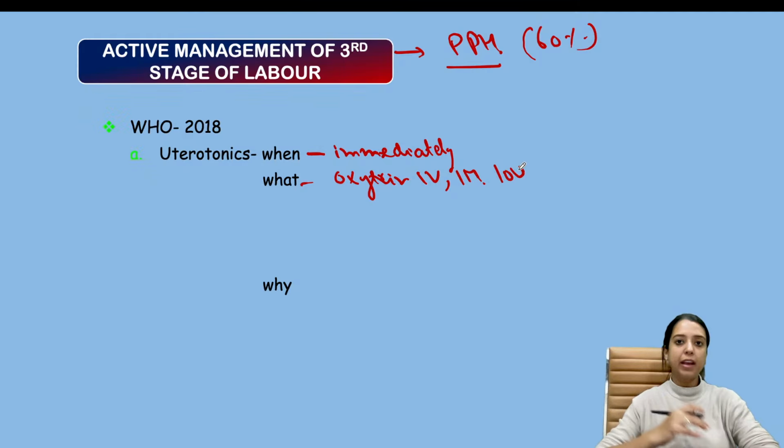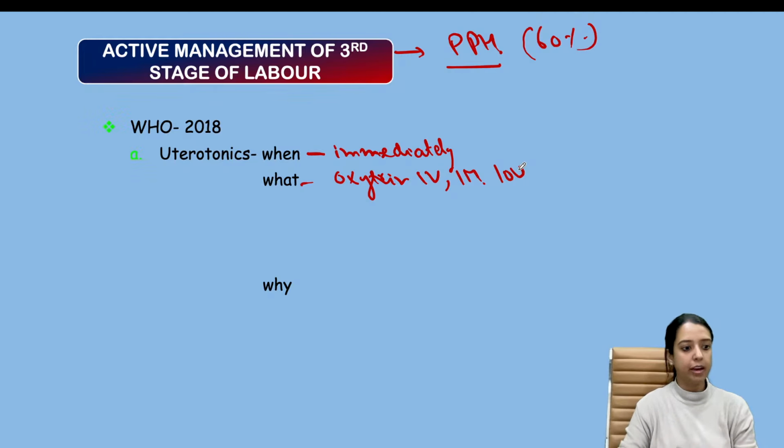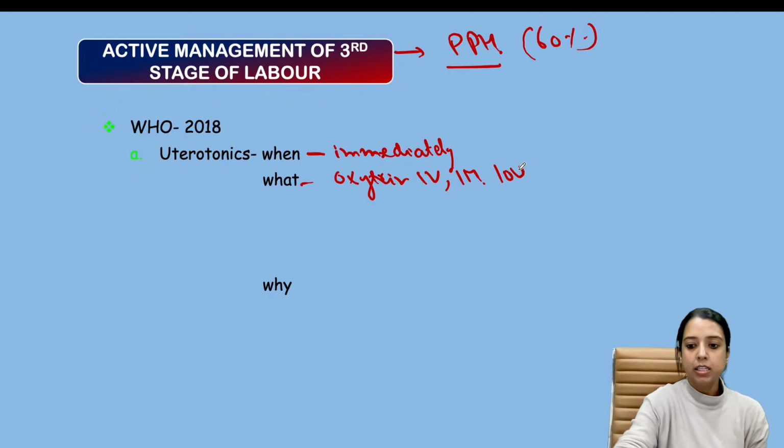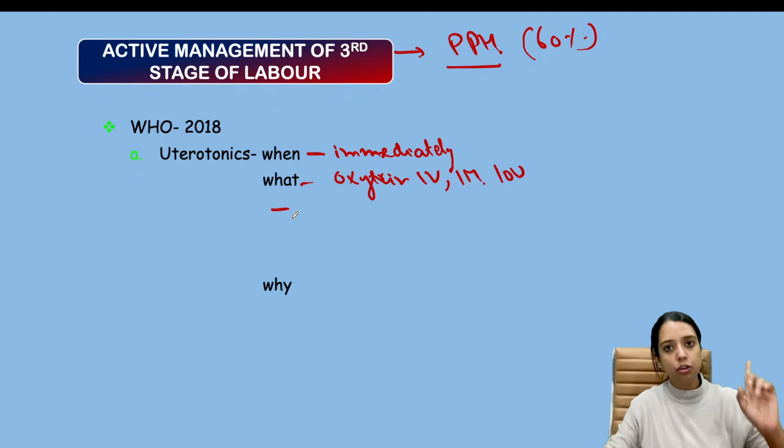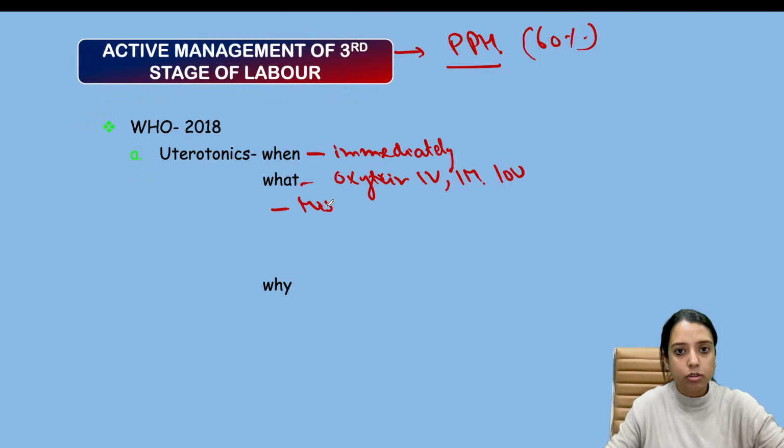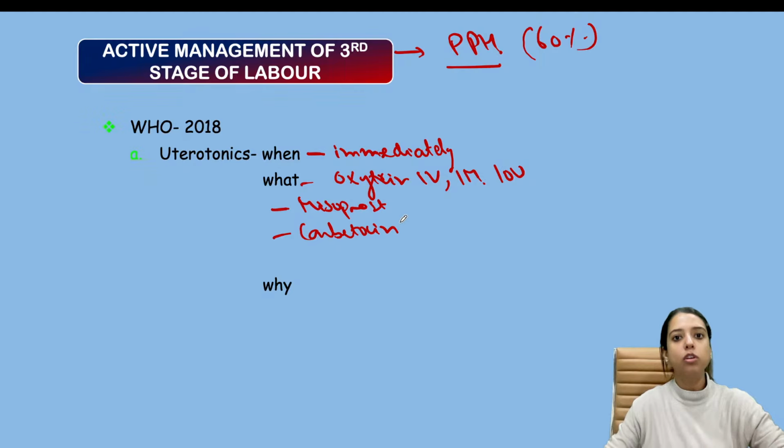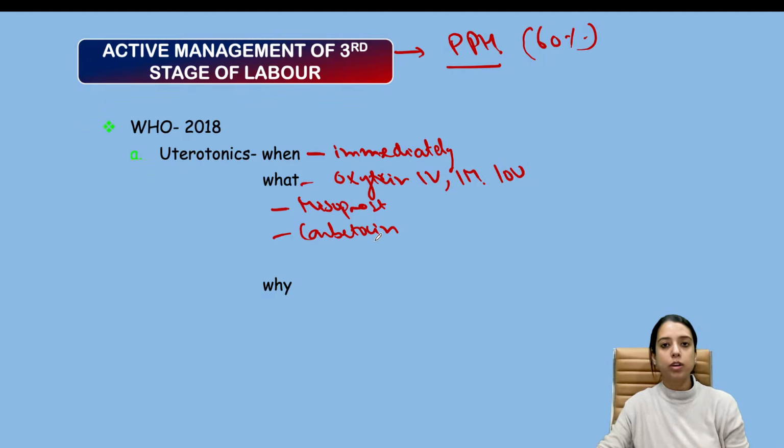If cannula is there, IV is the choice. If cannula not there, IM. ठीक है. इसके अलावा if oxytocin is not available, then you can give misoprostol. You can also give carbetocin. So misoprostol and carbetocin are the second choices for prevention. I am preventing PPH. I am not treating it.